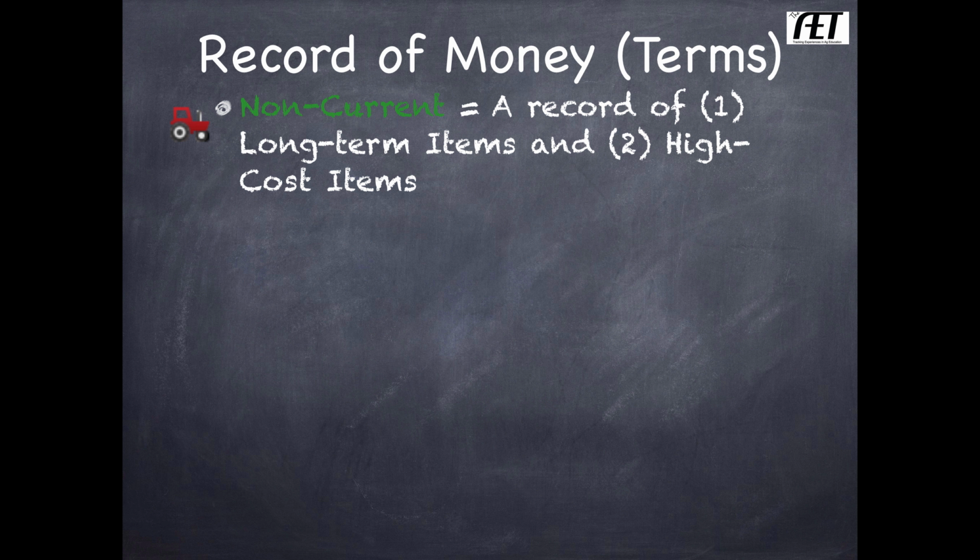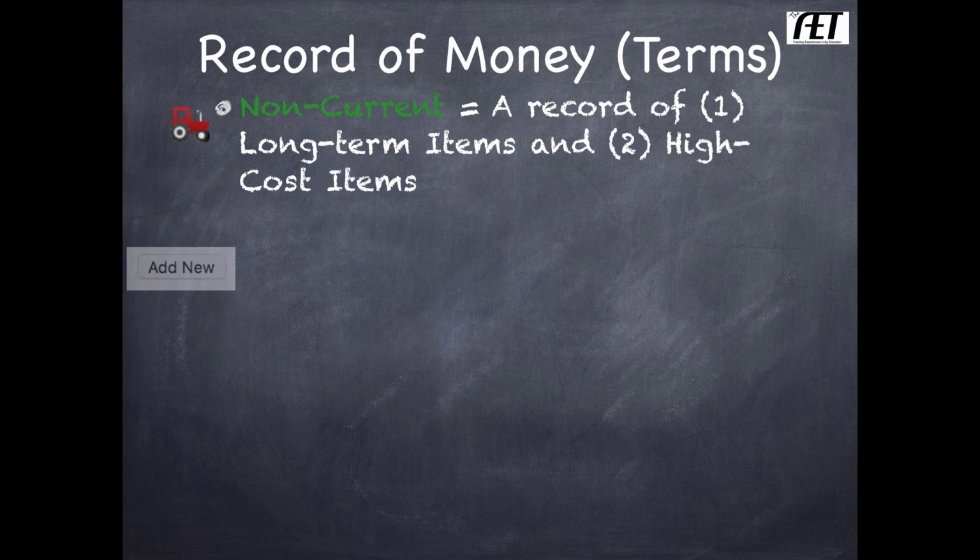When you buy this long-term item, at the time of purchase, it's long-term and it's high cost. Examples of this would be a breeding-aged animal, a bull or a cow, purchased to use for several years in your project to try to produce offspring. But these long-term items are breeding animals, tractors, trailers, buildings, land.